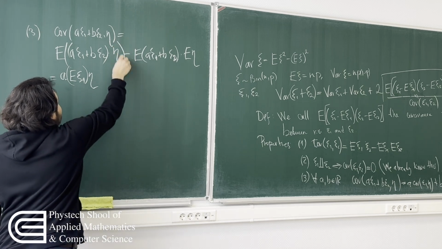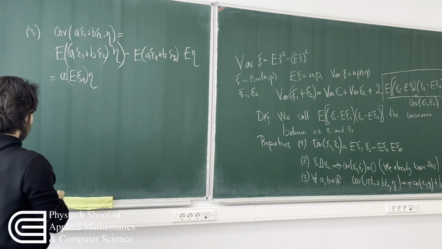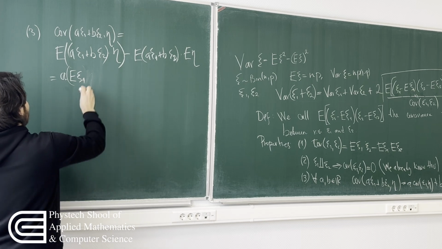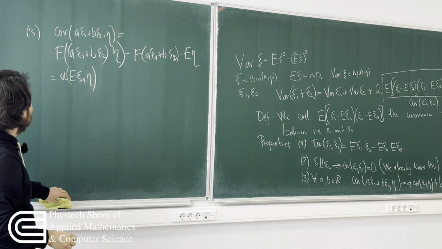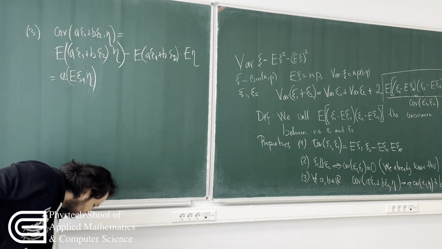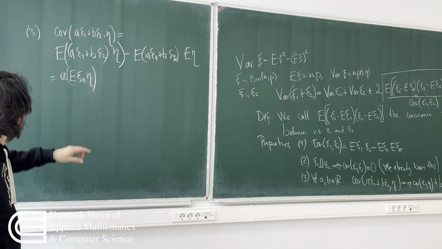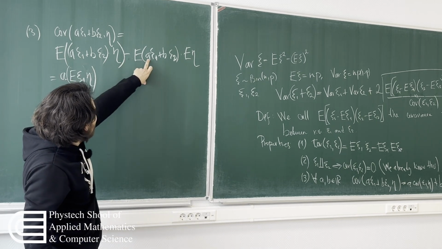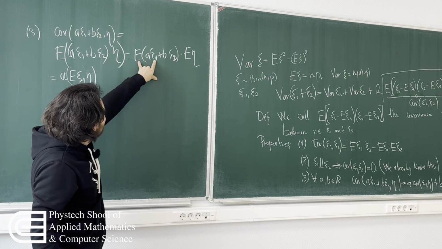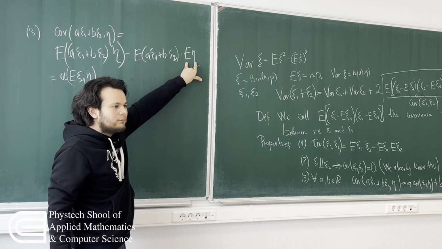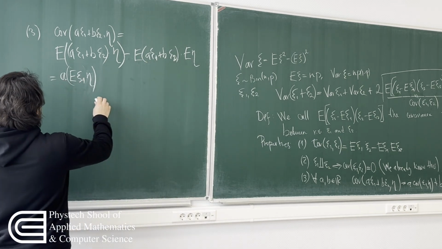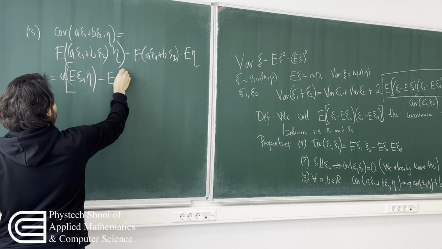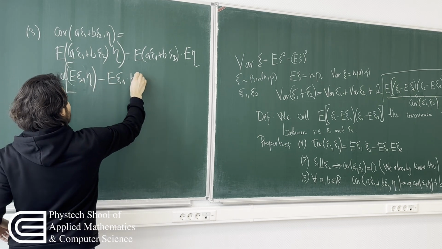Wait, no, here it's like this. xi1 eta, so this comes from here. And from here we have minus A, the expected value of xi1 multiplied by the expected value of eta. So I can write here A, here minus expected value of xi1 multiplied by the expected value of eta.